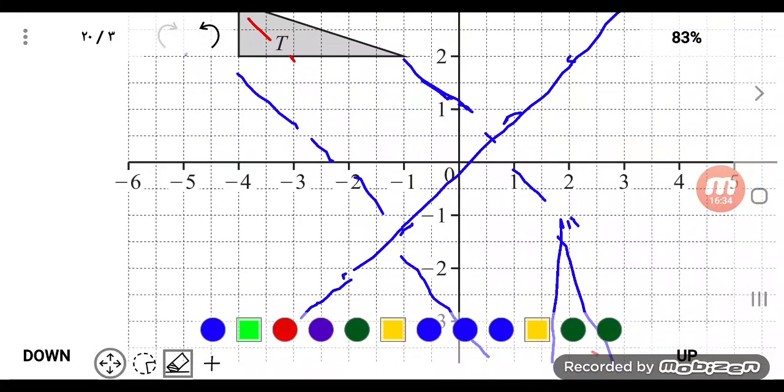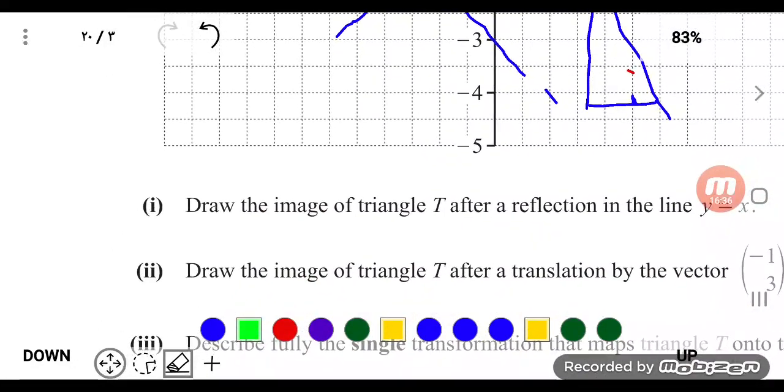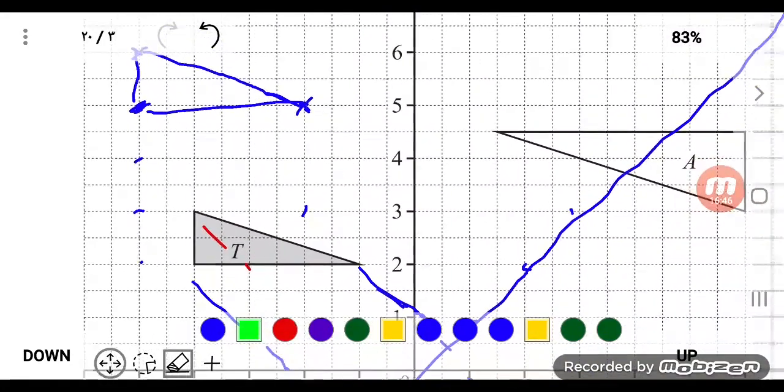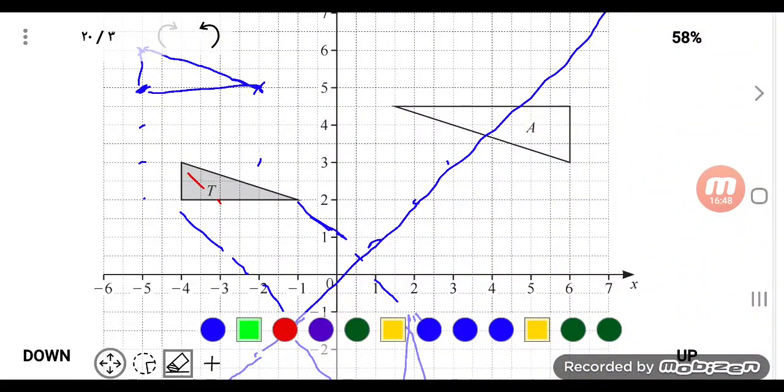Next question now. Describe fully the single transformation that maps triangle T onto A. If you look at the diagram, T onto A, this is an enlargement. You have to mention the scale factor and center. Scale factor is dividing new over old. Once the size has changed, it's an enlargement.